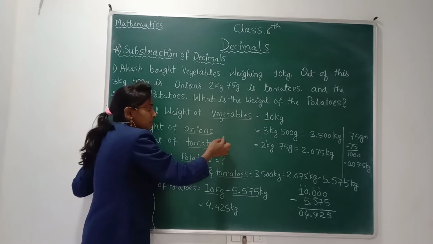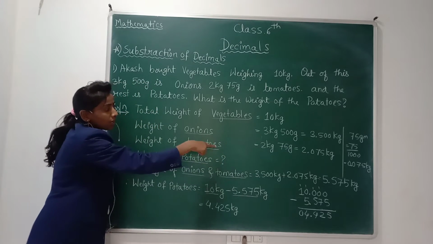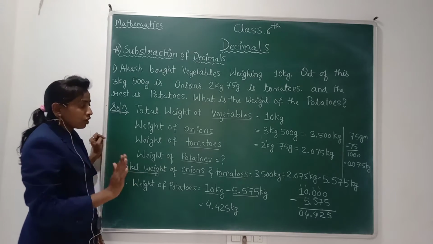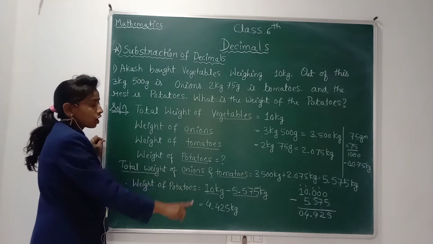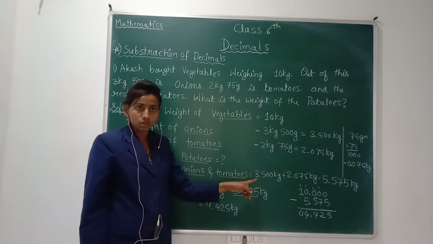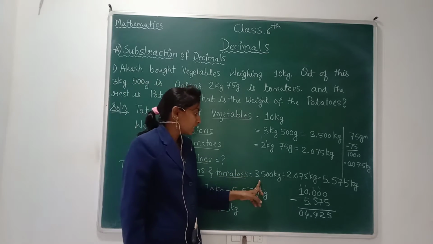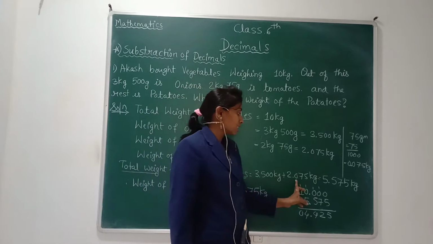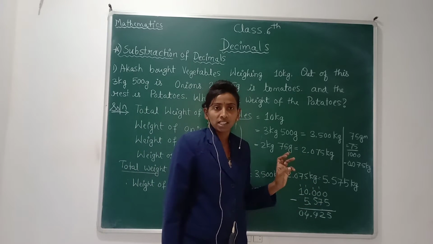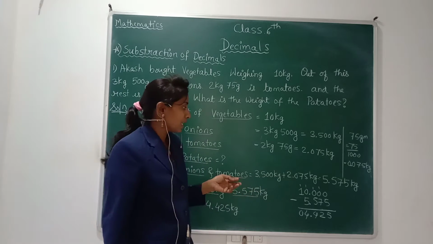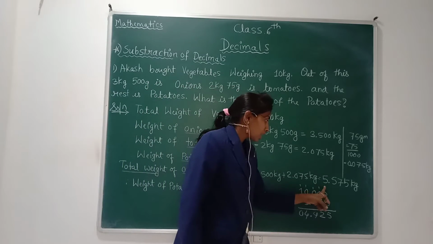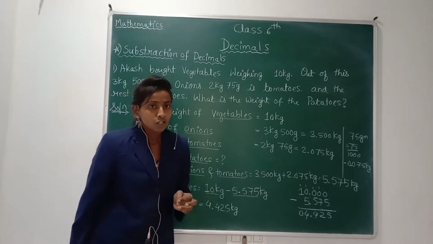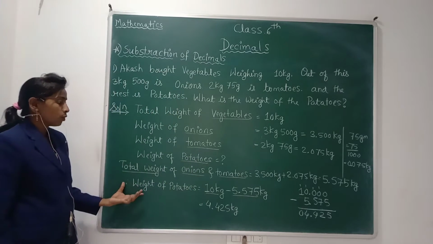First of all, I am going to find the total weight of onions and tomatoes. The weight of onions is 3.500 kg and the weight of tomatoes is 2.075 kg. When you add these two decimals, you get 5.575 kg.